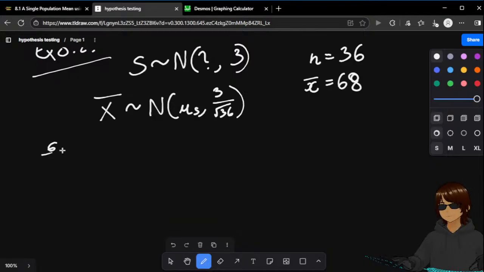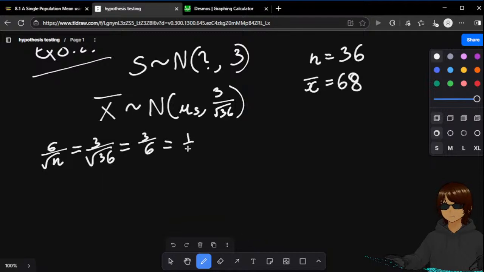Wait, sigma over root n gives you 3 over root 36, which is 3 over 6, right? So half.